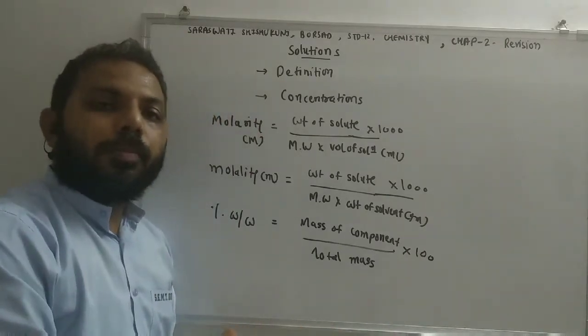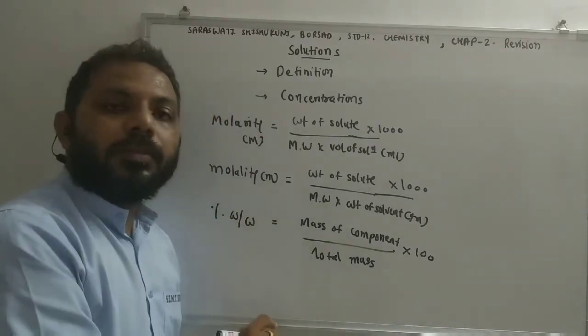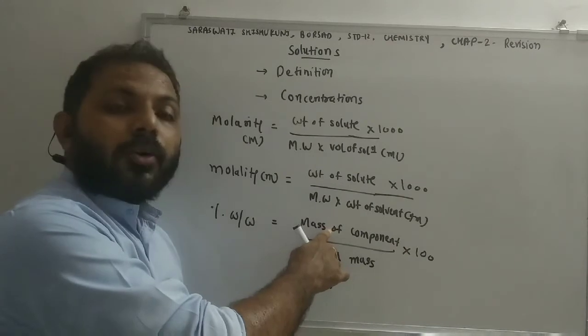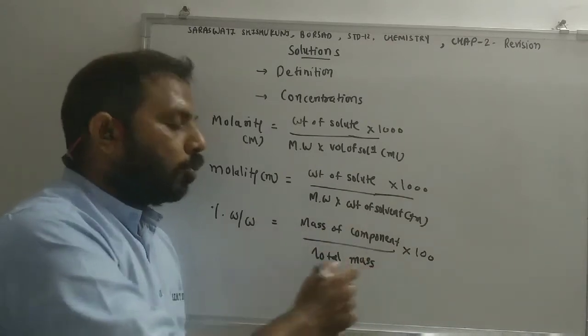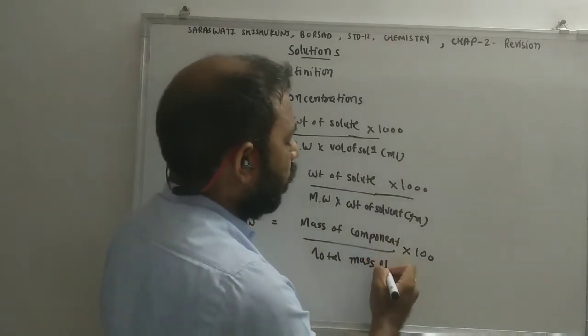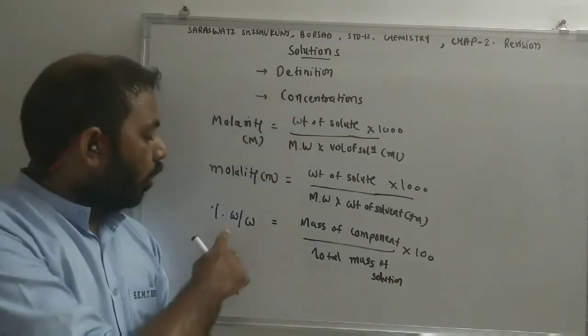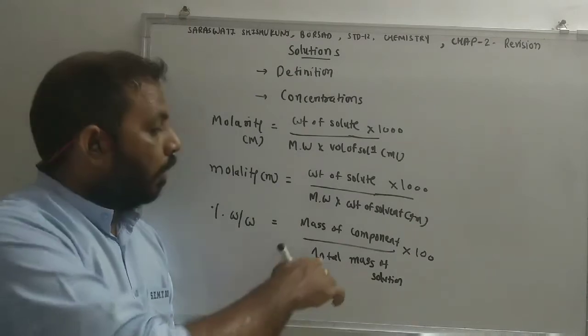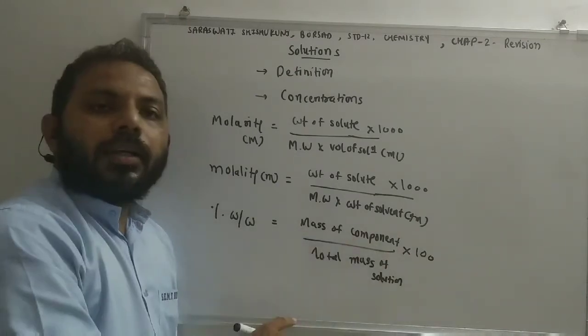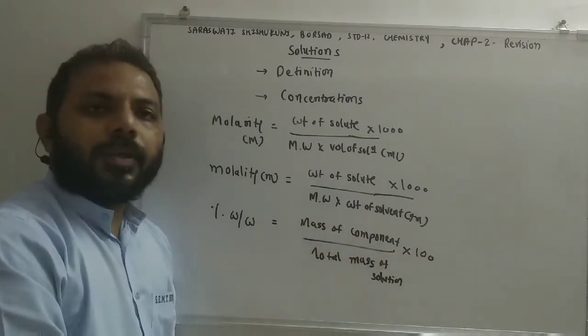Same way, the formula of mass percentage weight by volume is mass or weight of component upon total volume of solution. Then percentage volume by volume is equal to volume of particular component upon total volume into 100. Okay.